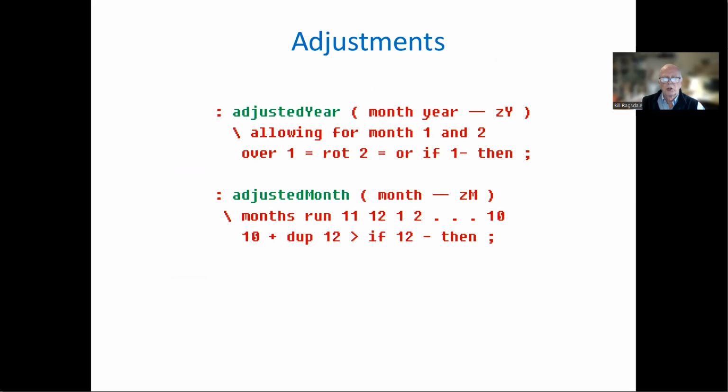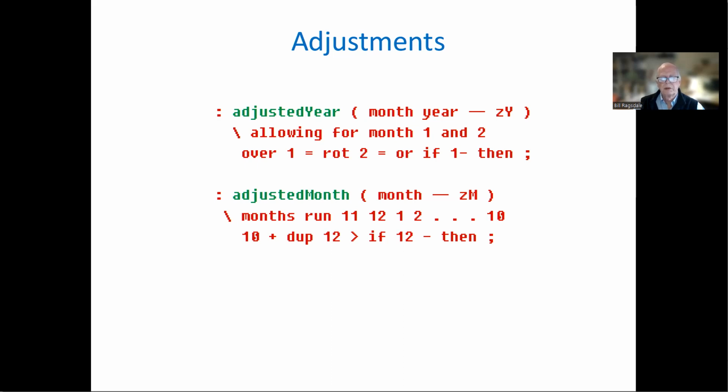For the year adjustment, we start with the month and the year, and we generate what I've noted as ZY, which is the Zeller year. This just looks at the first 2 months and sees if the month is 1 or 2. If it is, it subtracts 1 from the year.